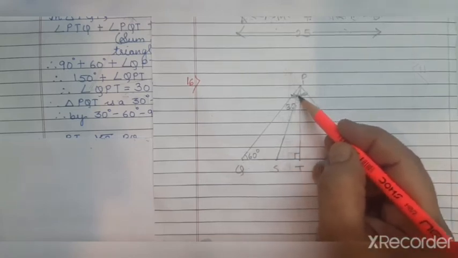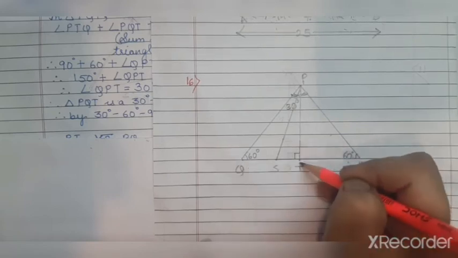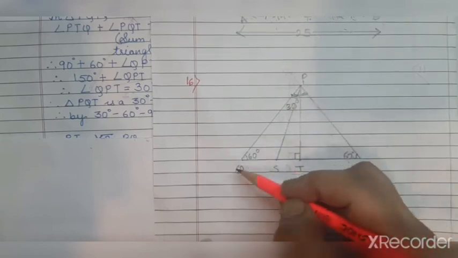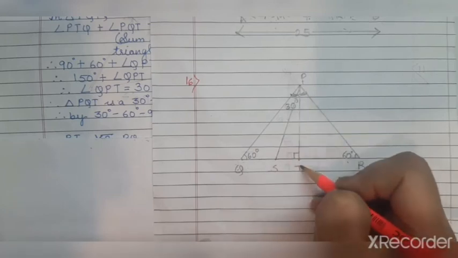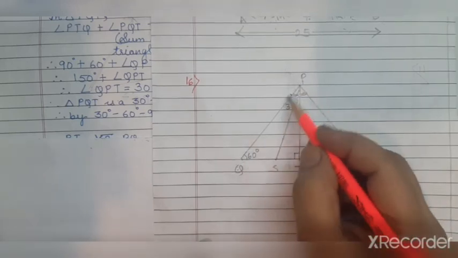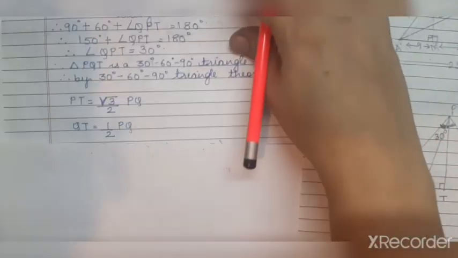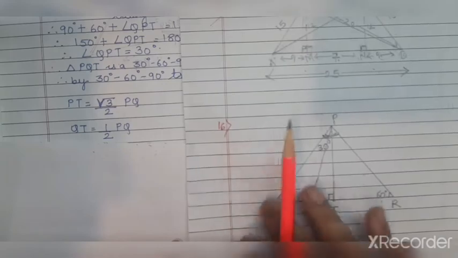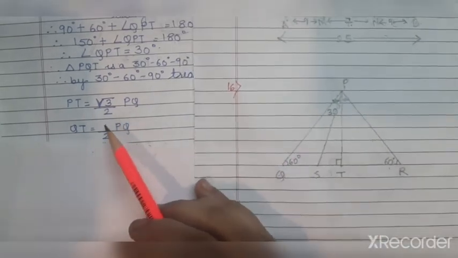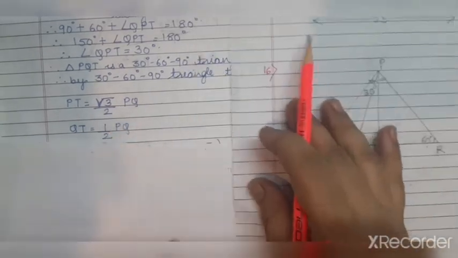The side opposite to 30 degree, that is QT, is half the hypotenuse. Hypotenuse is PQ. And the side opposite to 60 degree, that is PT, is √3 upon 2 the hypotenuse, that is PQ. So first we'll mention both. If you can see here, we have mentioned both.